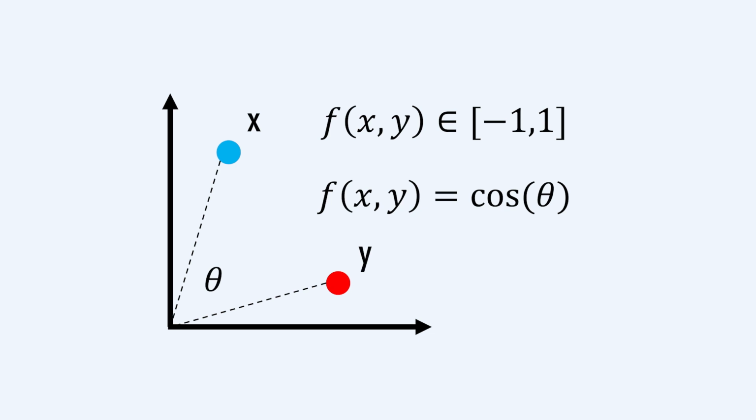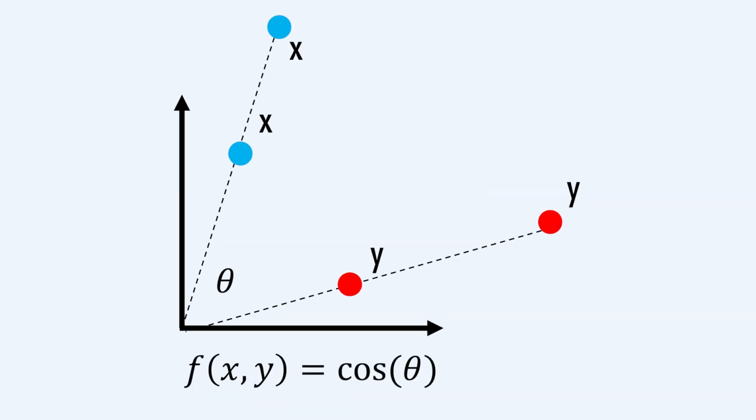Cosine similarity is a measure of similarity between two non-zero vectors. It is calculated as the cosine of the angle between the two vectors. Importantly, the cosine similarity does not depend on the magnitudes of the vectors, but only on their angle.